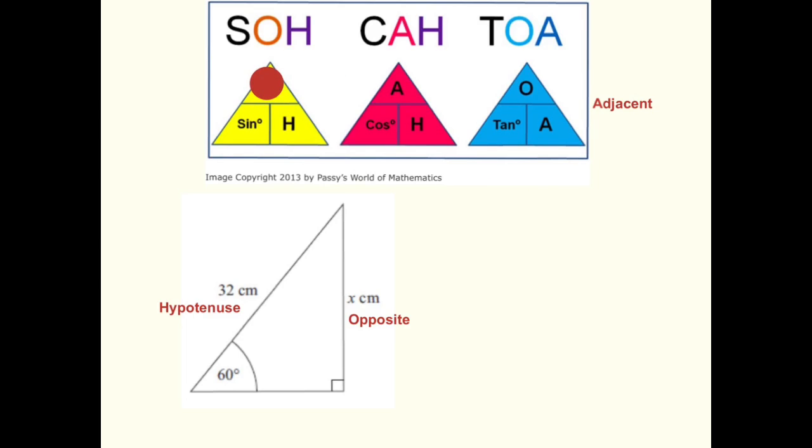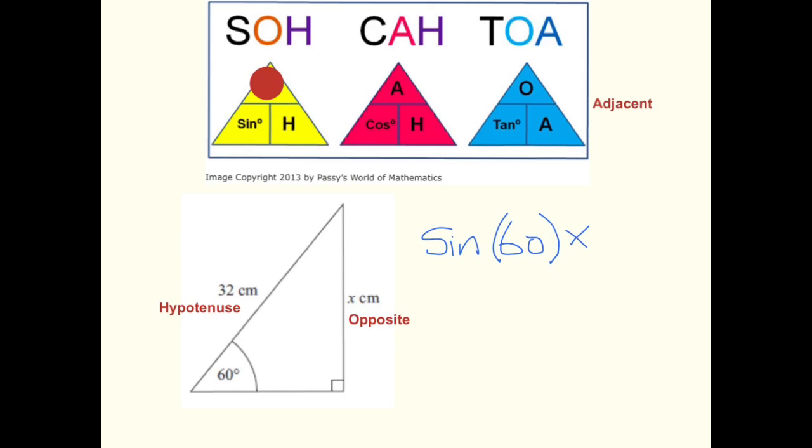Very similar to the first one. I'm going to do the sine of the angle, and I'm going to multiply it by the hypotenuse. So that's sine 60. If your calculator puts a bracket around it, remember to close the bracket.